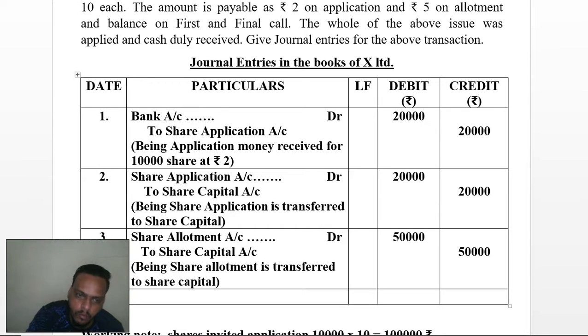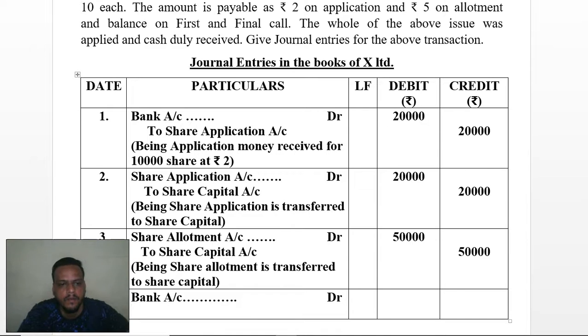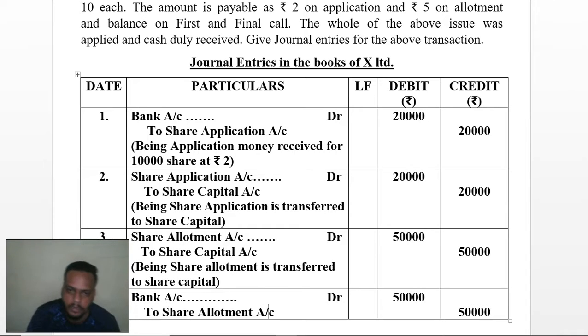So entry number 4 will be bank account debit to share allotment account. What would be the amount? The amount will be 50,000. Here we have to write being again.